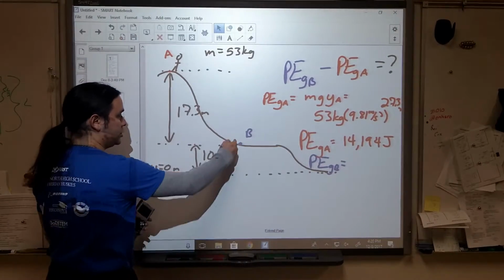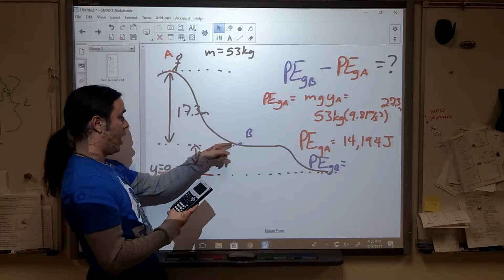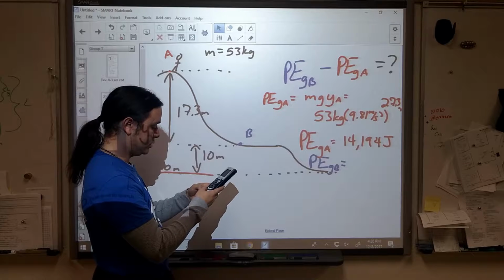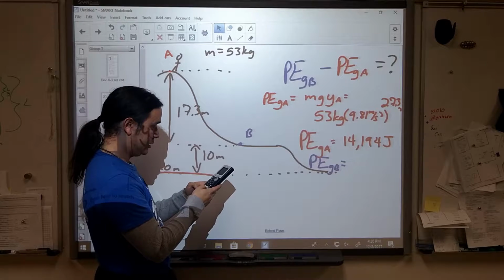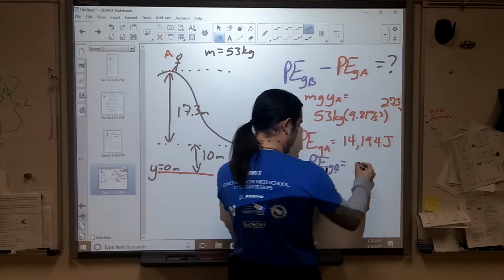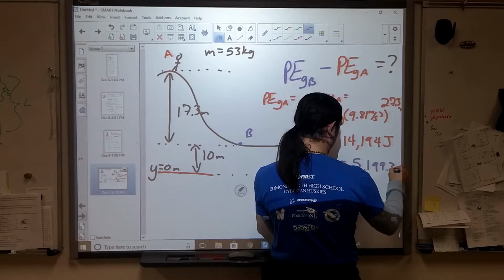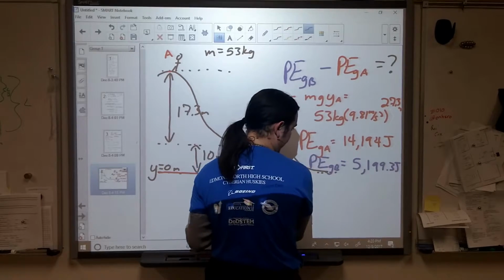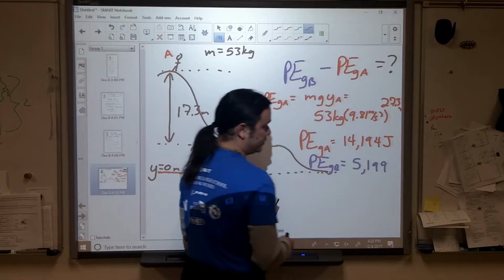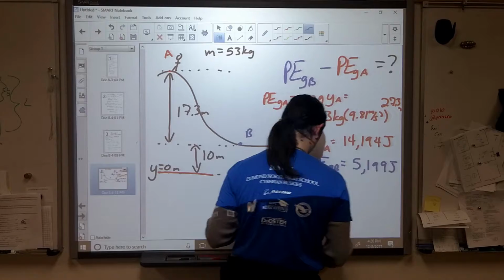And y_B, which is at a height of 10 meters. y_B equals positive 10. Okay, so I'm going to do 10 times 9.81 times 53 in a weird reverse order. And I find that I have 5,199.3 joules. Let's call it 5,199. You could even call it 5,200 joules, which would be perfectly fine as well.